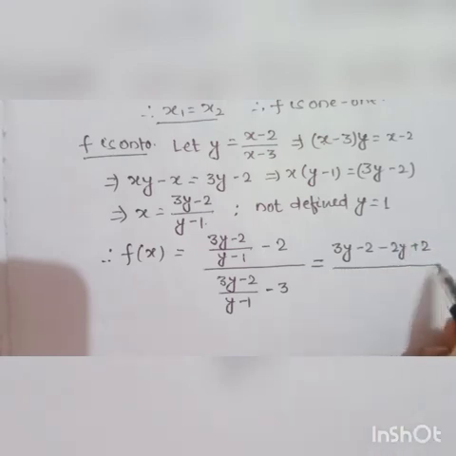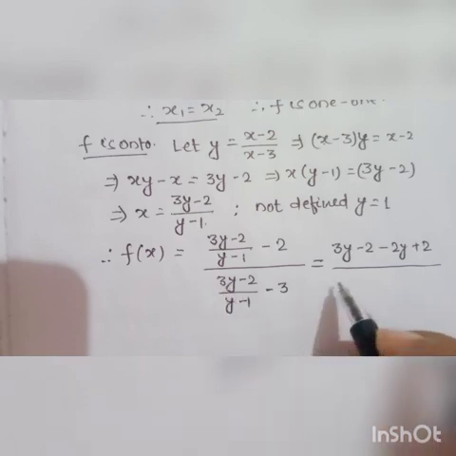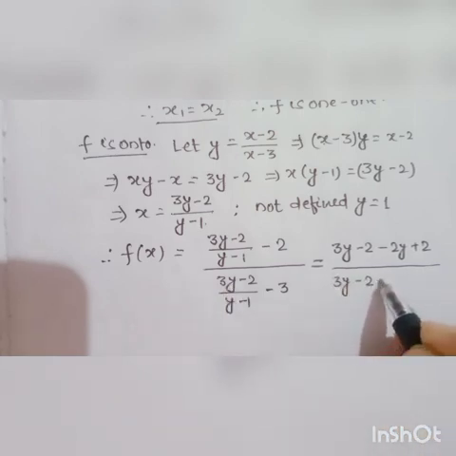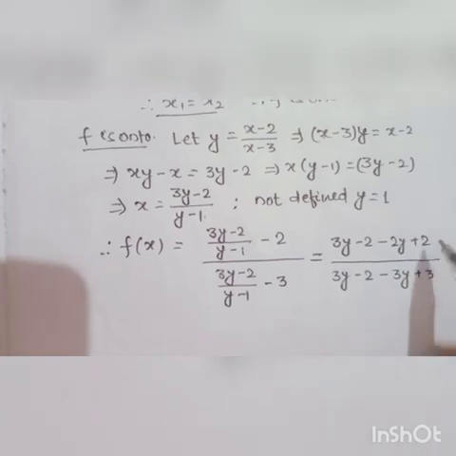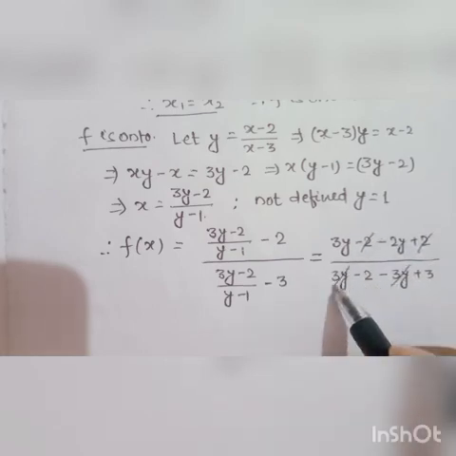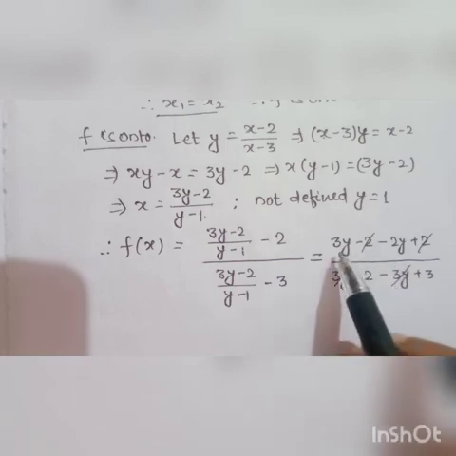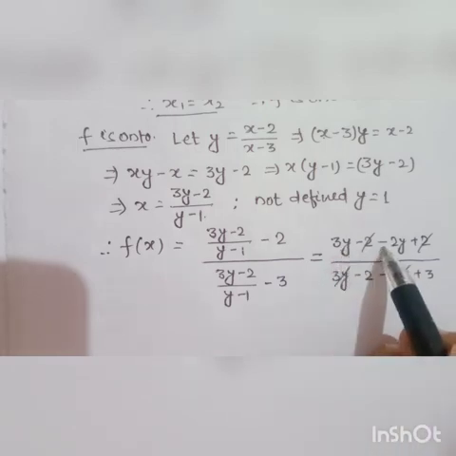Denominator: 3y minus 2 minus 3y plus 3. Plus and minus 2 cancel, and minus 3y cancels. Numerator is 3y minus 2y, which is y. Denominator is 3 minus 2, which is 1. y upon 1.